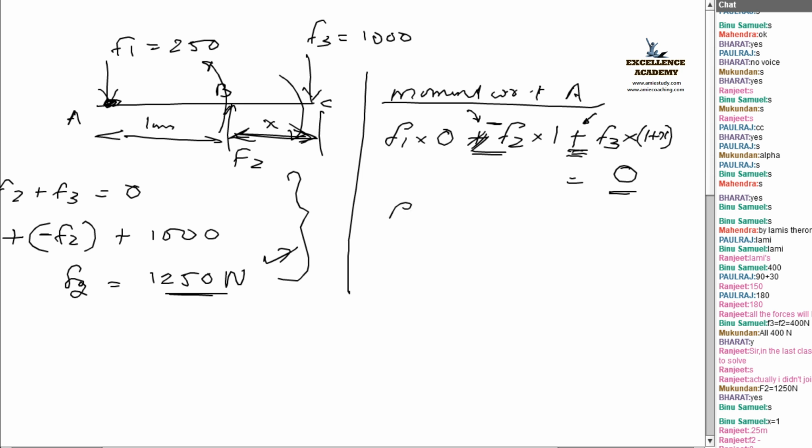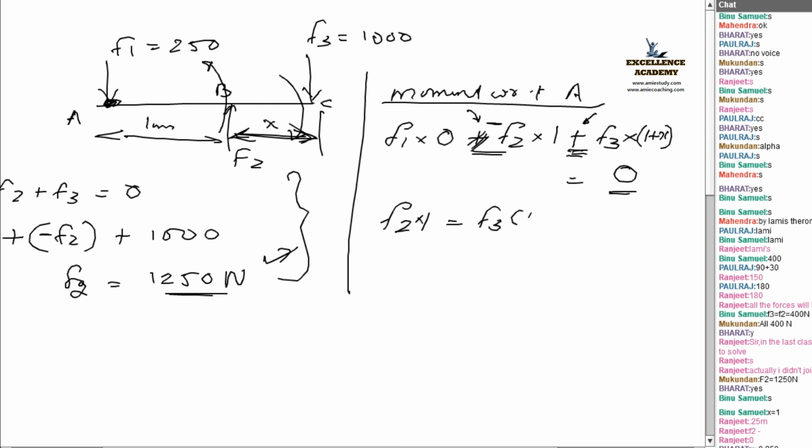So here I got F2 into 1 equals F3 into 1 plus X. F2 I know is 1250, equals F3, which is 1000, into 1 plus X, that is 1000 plus 1000X. On solving this, you will get the answer 0.25 meter. So that is the right answer. Is it clear to all?